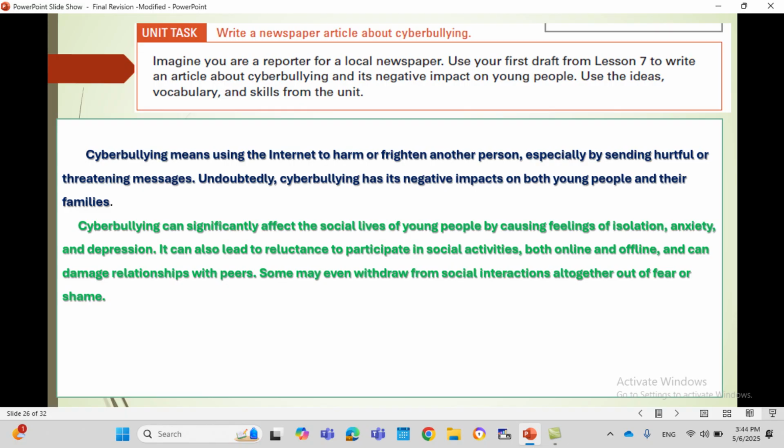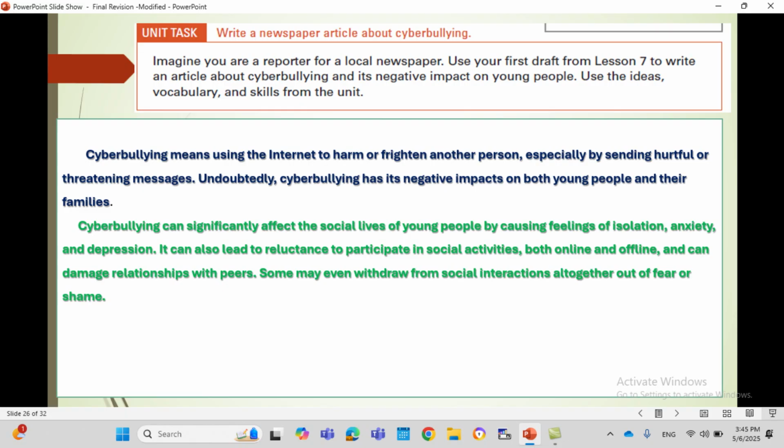Cyberbullying can significantly affect the social lives of young people by causing feelings of isolation, anxiety, and depression. If someone is frightening you, how can you lead a normal life? Simply, you can't. So as you can see, it can cause feelings of isolation, anxiety. You are always worried about what will happen to you, and depression.